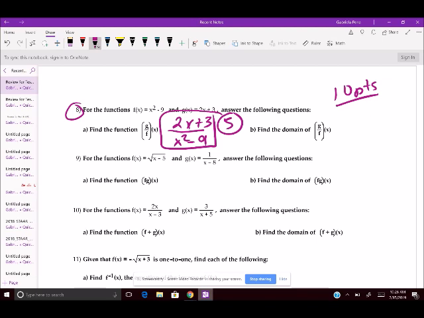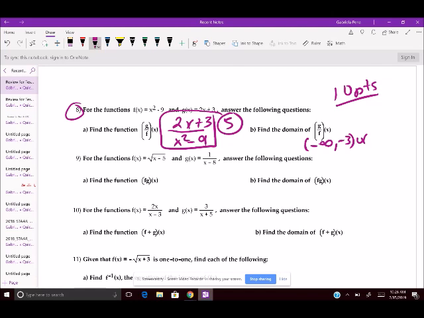So when you look at it, how many parts? There's going to be 3 parts, right? So the domain is going to go from who to who? -3. If you're not sure why it's -3, you go to the table, and what do you see next to -3? Undefined.